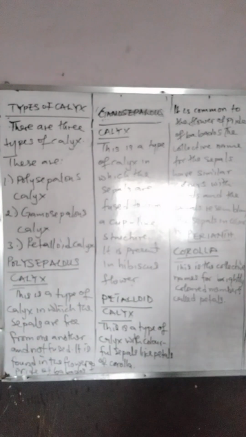So now look at this. This is hibiscus flower. This brightly colored thing you are seeing here is a petal, this another petal, this another petal, this another petal. How many petals do we have now? I have 1, 2, 3, 4, 5 petals. So the collective name for all the petals you are seeing is called corolla. One corolla of hibiscus contains 5 petals.